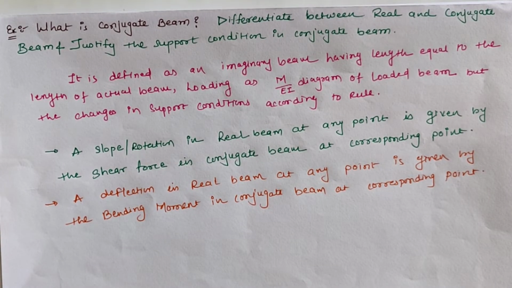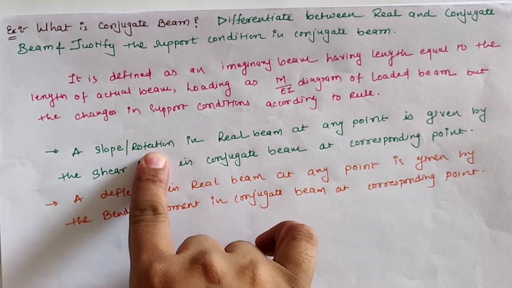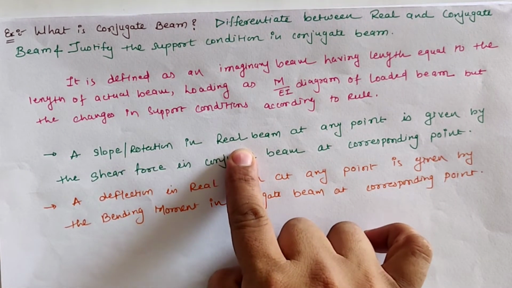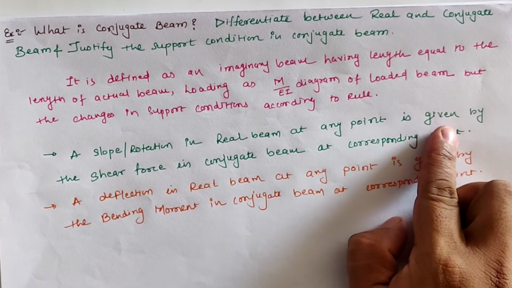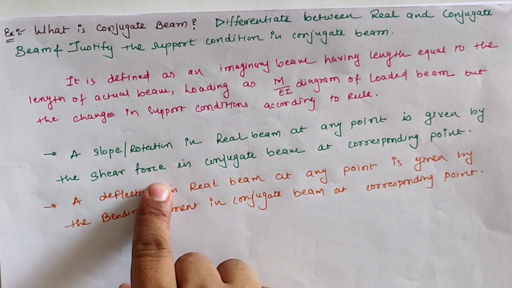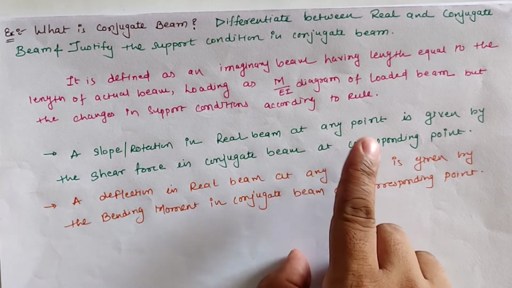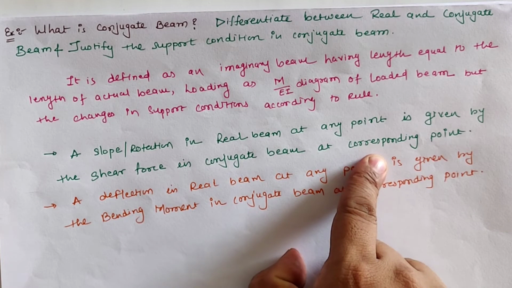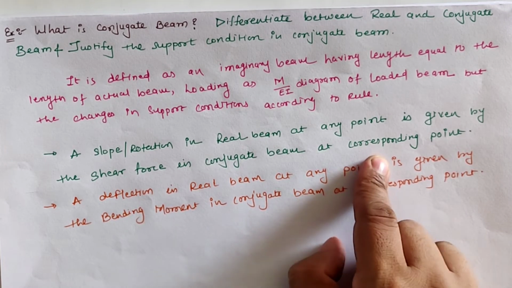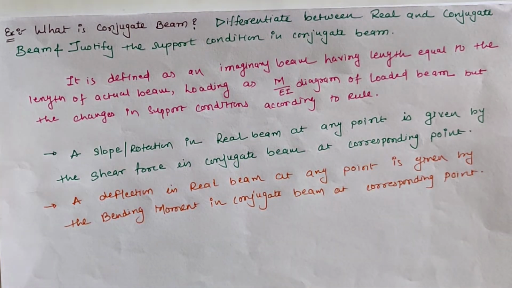According to the conjugate beam method, the slope, or we can say the rotation, in the actual beam at any point is given by the shear force value of the conjugate beam at the same or corresponding point. So it simply says that if we have to find the value of slope anywhere, then we convert that beam into the conjugate beam, and if we calculate the shear force at the same location, it will give the value of slope at the corresponding point.